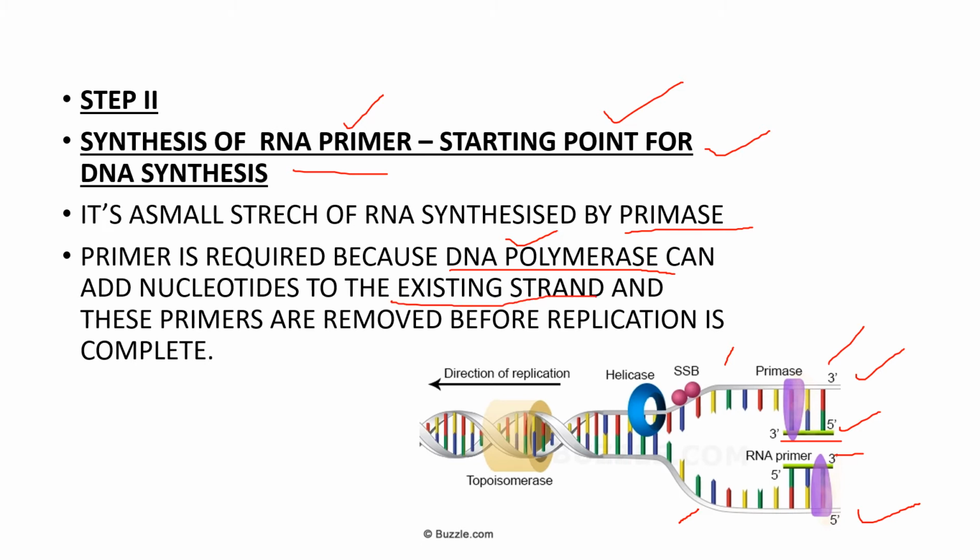Suppose if the RNA primer is there, it keeps on adding the nucleotides to the existing strand. And after replication, when the replication gets over, all these primers are removed before replication is complete here. Okay, this is about the RNA primer.